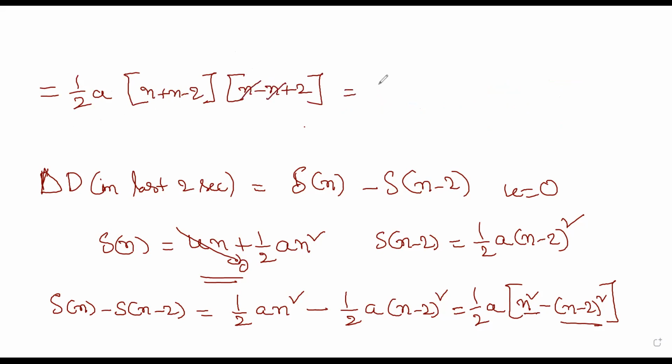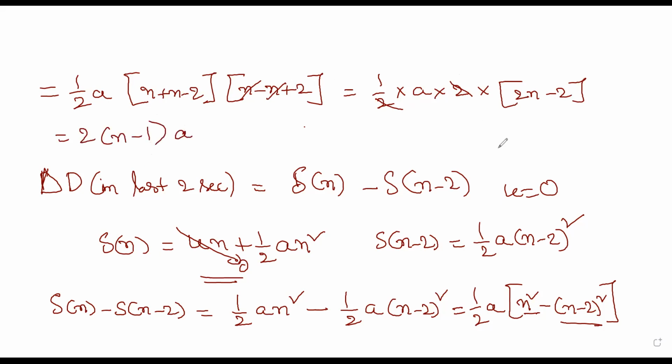So you have half into a into this, 2 comes out, 2 into n plus n is 2n minus 2. This is what you have. And now this 2 and this 2 get cancelled. When you take 2 common, what you get is 2 into n minus 1. This is what is multiplied by a.